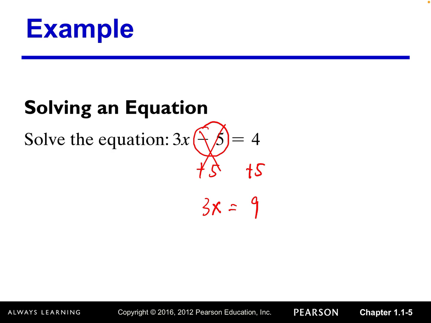We need to apply the multiplication principle this time, because there is a coefficient 3 with x. But in order to cancel the 3 out, we cannot subtract 3, because this is 3 times x, so minus 3 cannot cancel it out. We have to divide both sides by 3. So 3 and 3 cancel, the left-hand side has x, and the right-hand side is 9 divided by 3. We got 3.